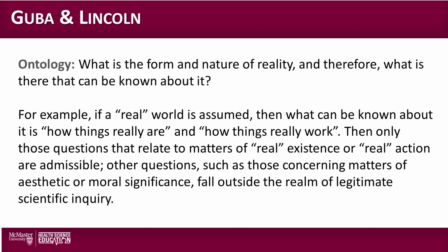Then only those questions that relate to matters of real existence or real action are admissible or valid. Other questions, such as those concerning matters of aesthetic or moral significance, fall outside the realm of legitimate scientific inquiry. In other words, you have to have an understanding of what exists in the world to know what's legitimate to investigate or to study.